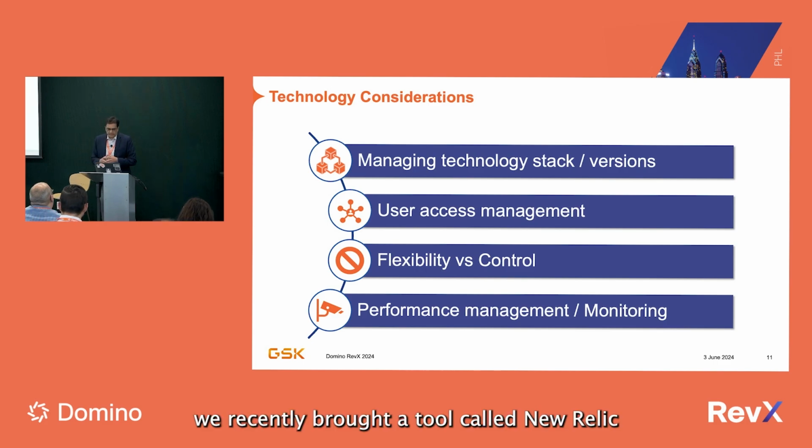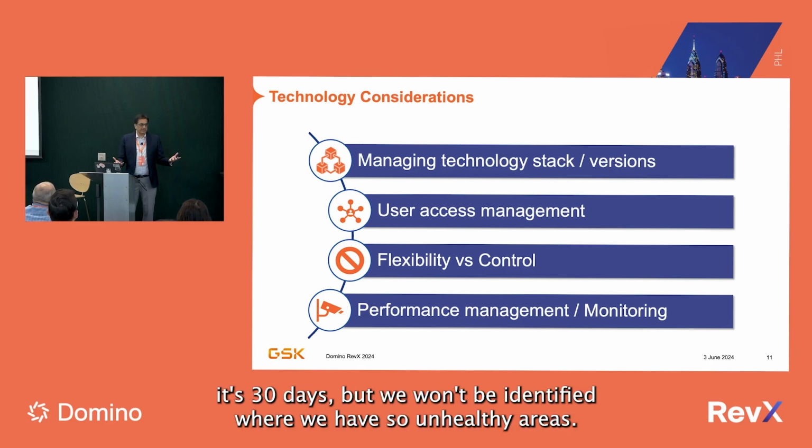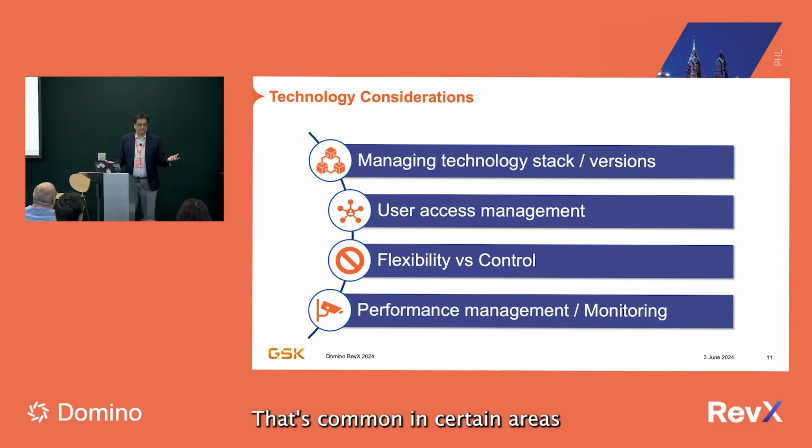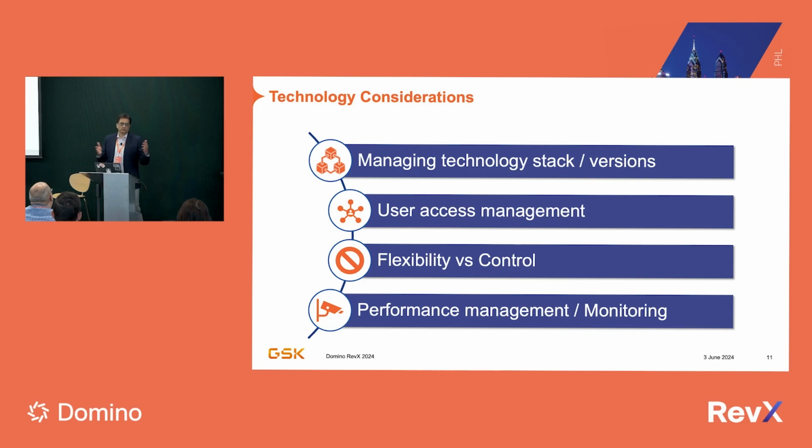We recently deployed a tool called RevX from Domino. It's been 30 days, but it's helping us identify where we have some unaccounted areas, and certain areas we've been able to rectify faster than we would have normally.